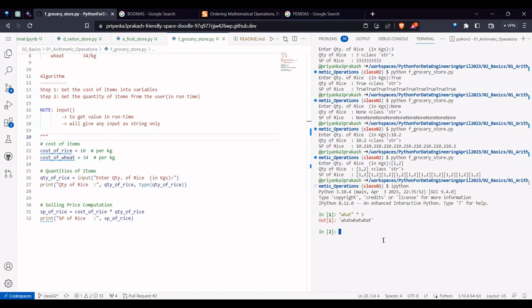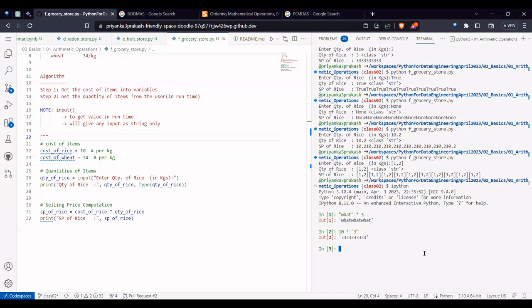In the same fashion, the cost is 10, and you give the value as 3, it took it as 10 into 3, so the 3 was displayed 10 times. Whatever you give, it is displayed 10 times.